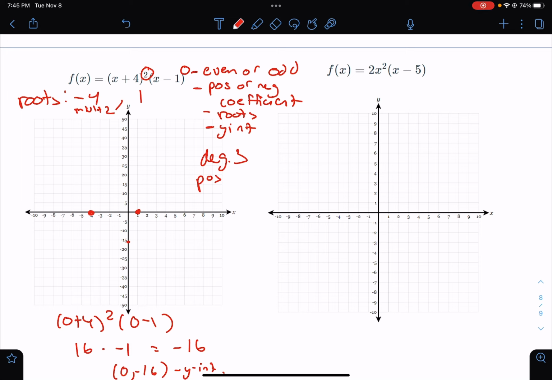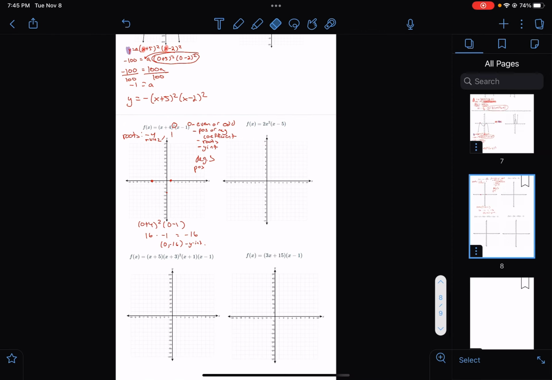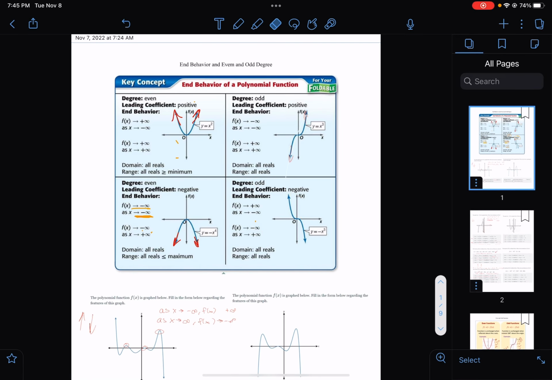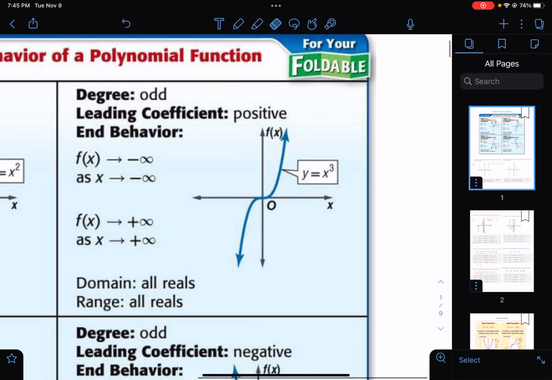That means that no matter what happens in the middle, the end behavior is going to look like this: on the left-hand side, it's going to go down. On the right-hand side, it's going to go up. We know that from this chart up here. If we have a positive leading coefficient, which in this case is 1, and an odd degree, that's what our end behavior looks like.